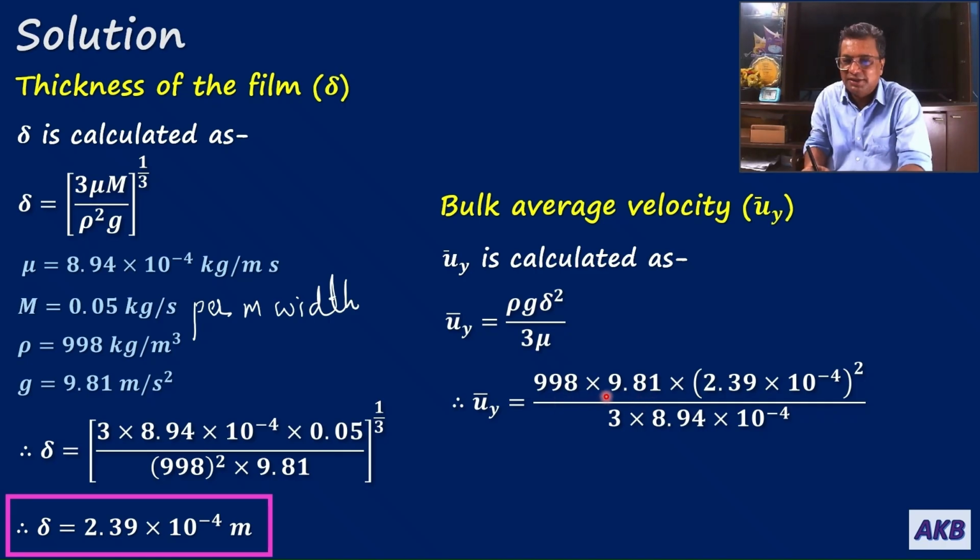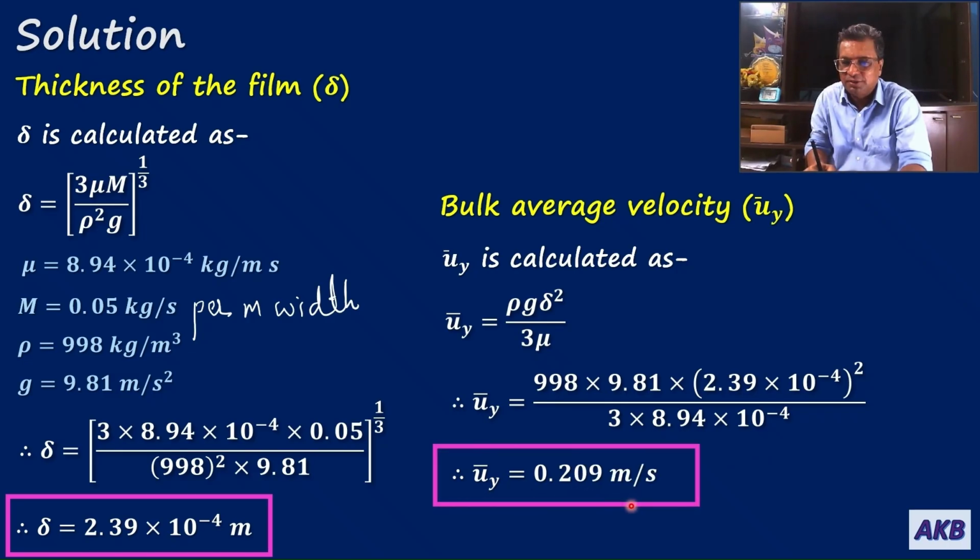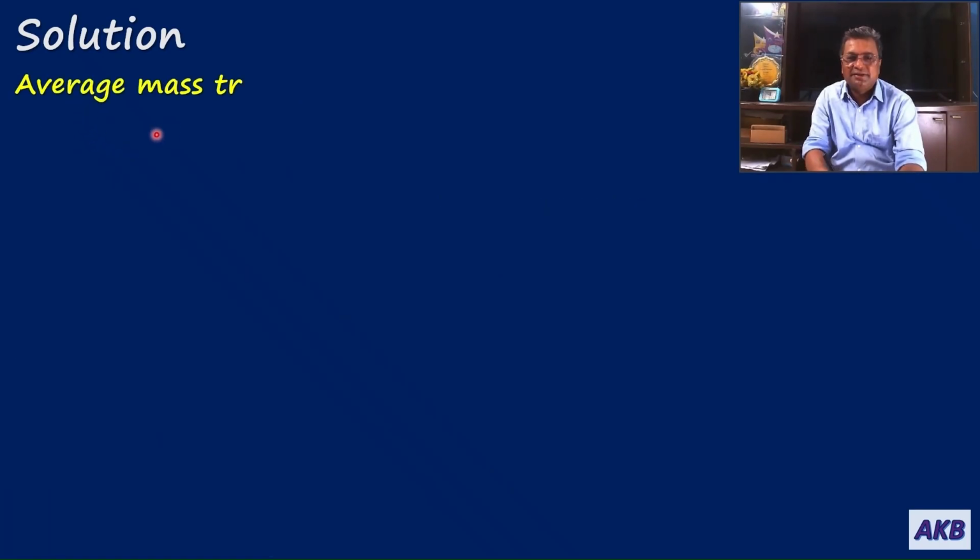So it is 998 into 9.81 into 2.39 into 10 to the power minus 4, delta we just got, square of that, divided by 3 into mu, which is 8.94 into 10 to the power minus 4. So that gives us Uy bar as 0.209 meter per second. So in this way we get the bulk average velocity. Let us continue with this. Okay, then let us get the average mass transfer coefficient, that is KL average.